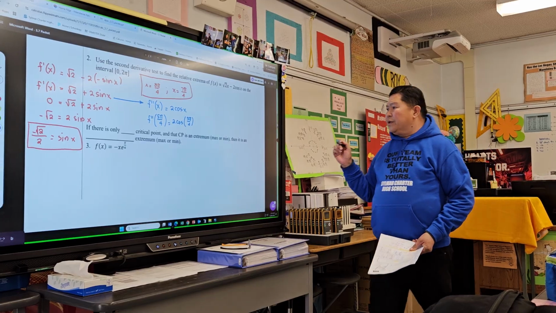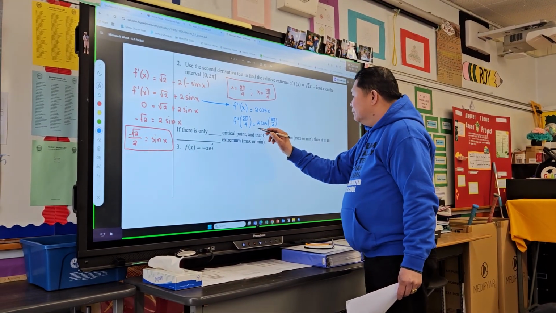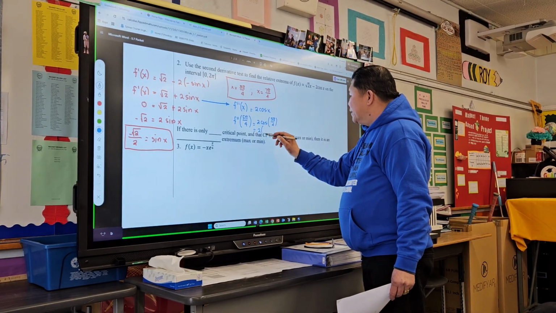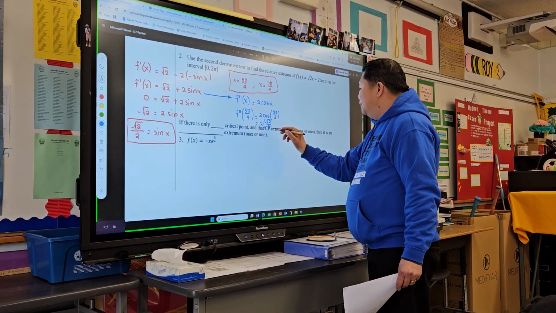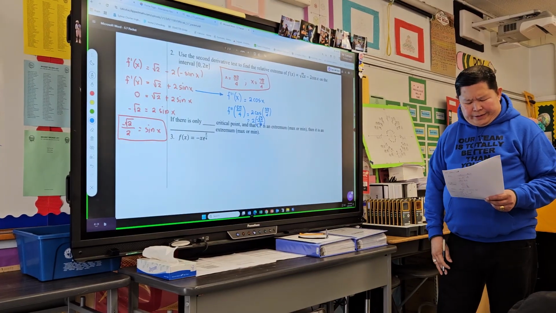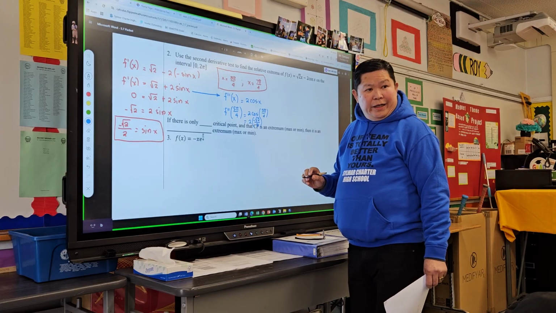Simplifying this, we're gonna have 2 times negative square root of 2 over 2. What cancels out, guys? The 2 cancels out, right?